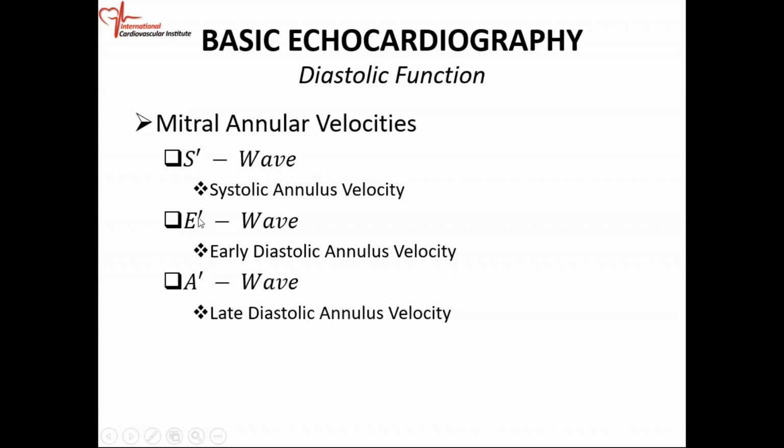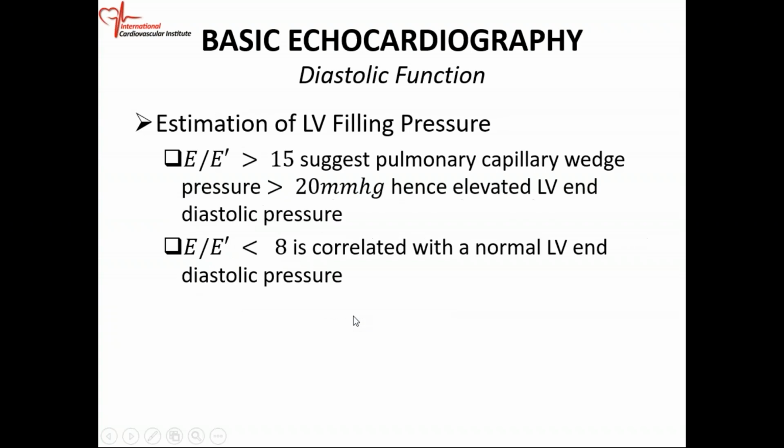Your E prime is the early diastolic annular velocity. The normal E prime should be above 7 centimeters per second. And this is your A prime, which is the late annulus velocity.